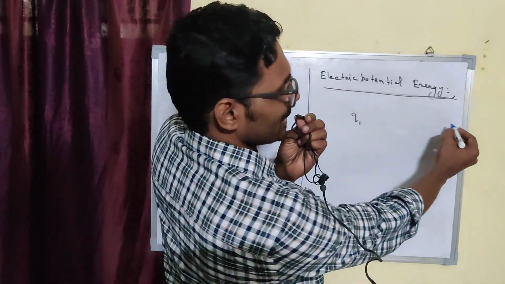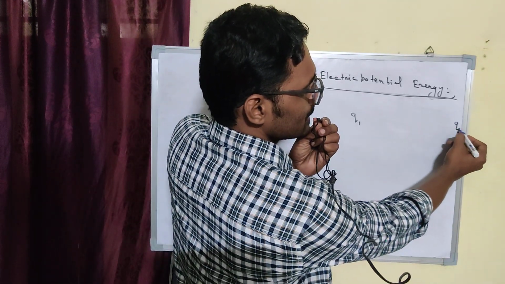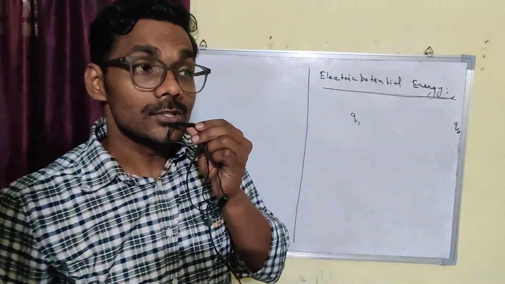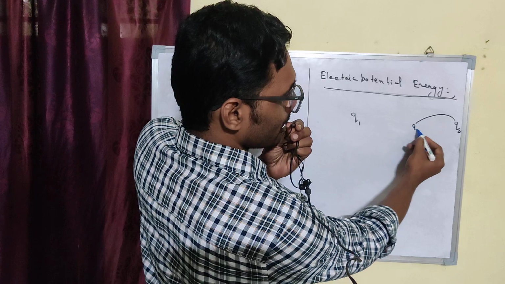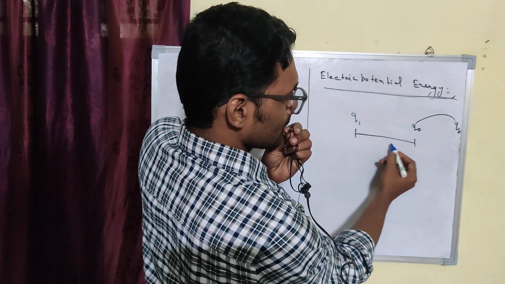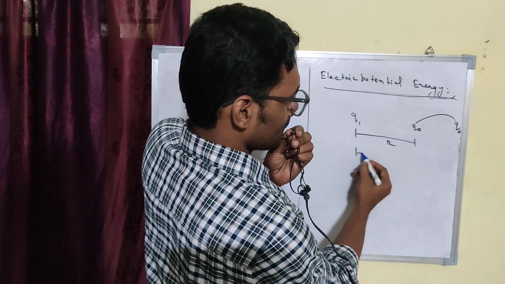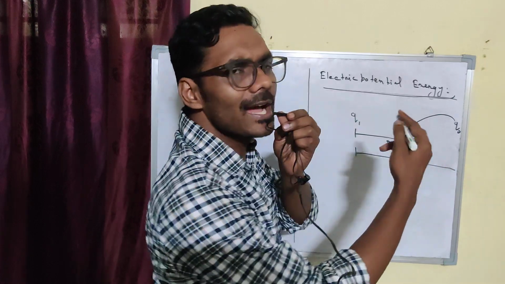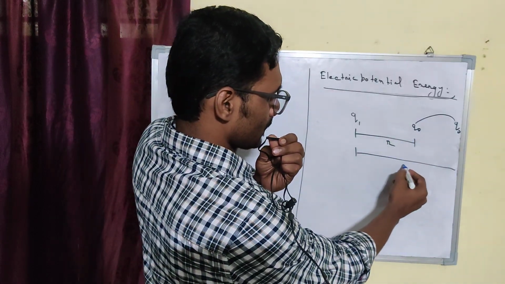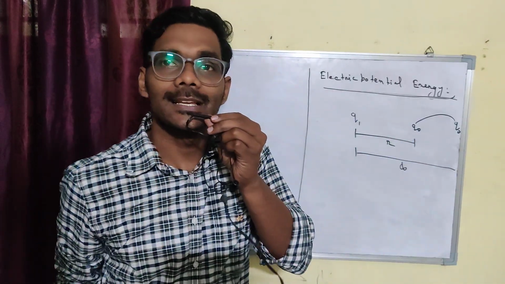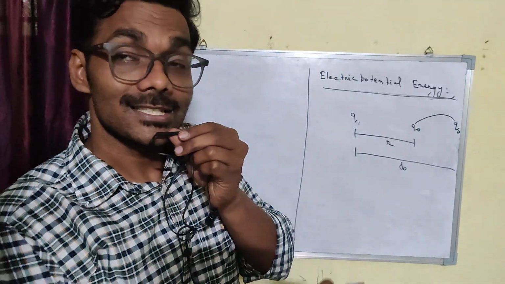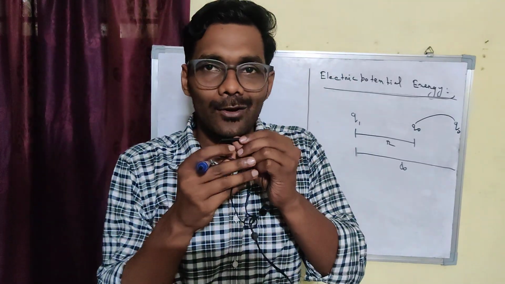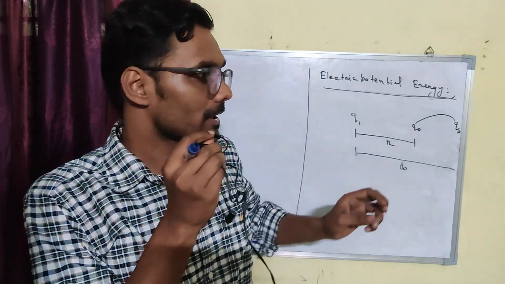Let's say another test charge Q0 is at infinity. I want to take this charge from infinity to a given point. Let's say this distance is r, and the other distance is infinity, or x, you can say the test charge was at distance x. Now the scenario is different.